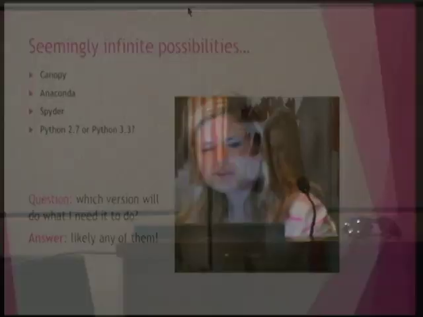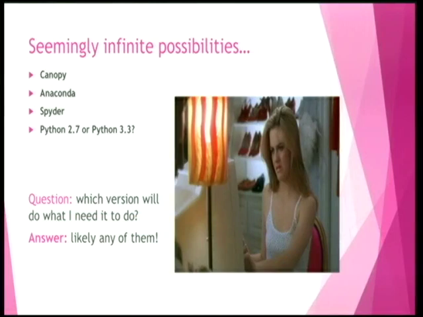So there's Canopy, there's Anaconda, there's Spyder, there's 2.7, 3.3. Walker probably knows of about 5 others. Do you have any other ideas, Walker? Well, we forgot the bare bones CPython you get from the python.org website. Yeah, there are tons of options actually.